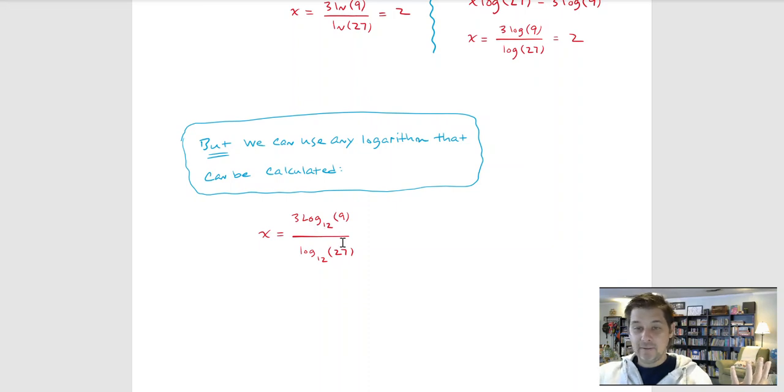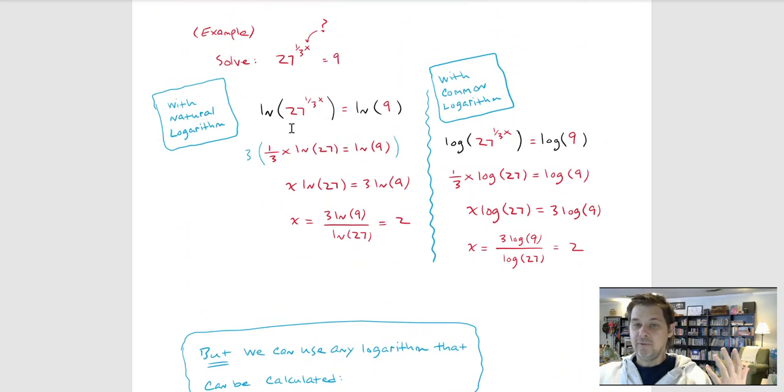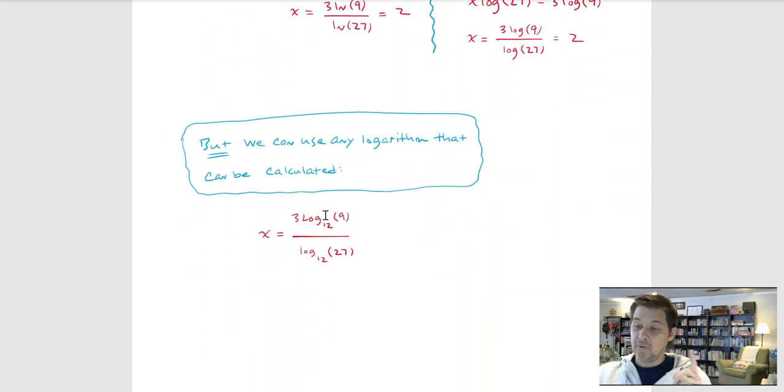Would that matter? No matter what logarithm you throw in this step, you move the exponent and you go through the motions the same way. It shouldn't make any difference. So, if your calculator can do a base 12 logarithm, then this should work and it should give me the same answer. I happen to have a calculator that does base 12 or any base you want.